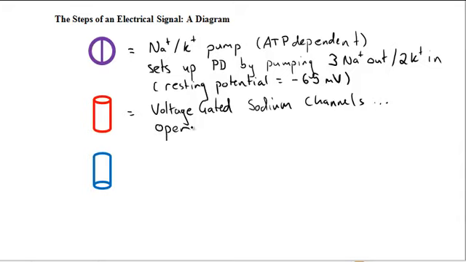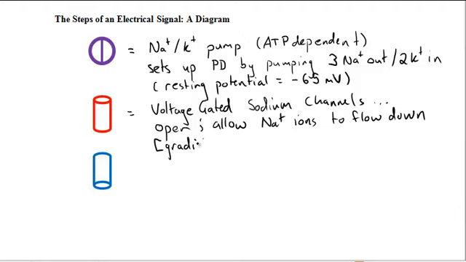They open and allow sodium (Na+) ions to flow down their concentration gradient. So we've set up this difference of concentrations, and now if we just open the gates, it flows naturally. At negative 40 millivolts.